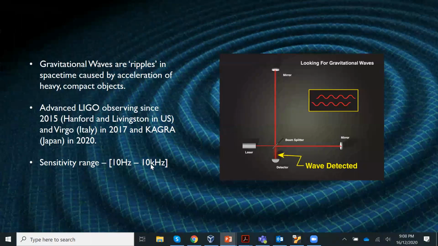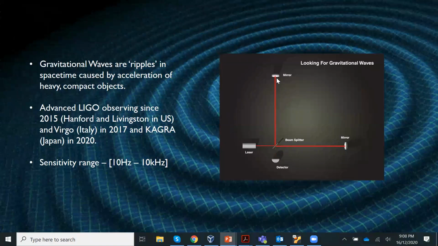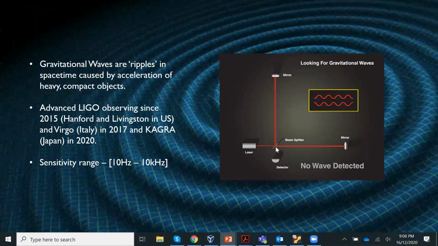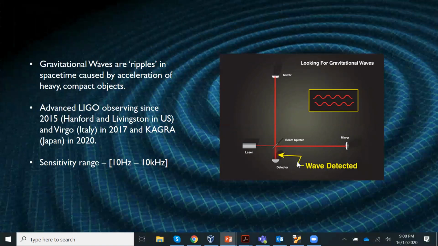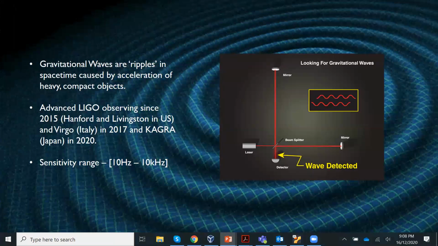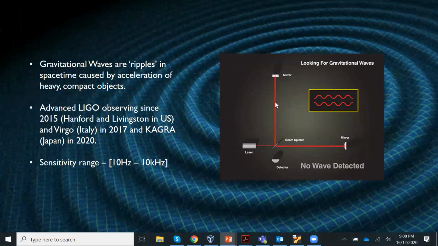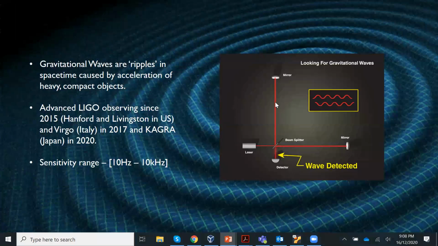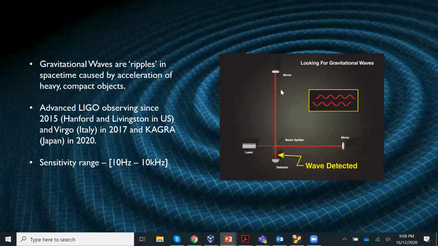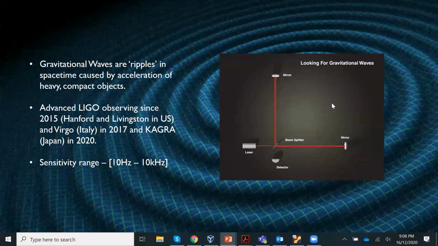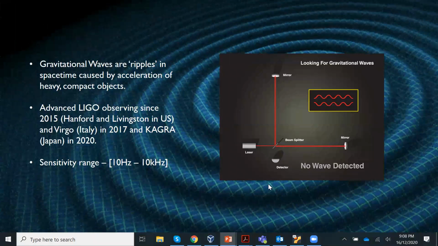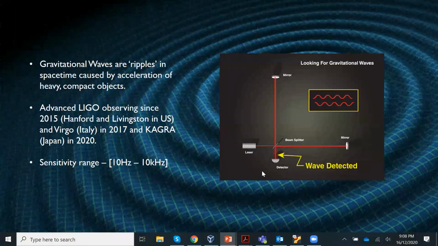When there is no gravitational wave passing, the laser light from these two arms is completely out of phase and they cancel each other, and there is no signal at the detector. But because of the slight elongation and contraction of the arms, we get a periodic constructive and destructive interference, which is observed as a gravitational wave signal in the detector.